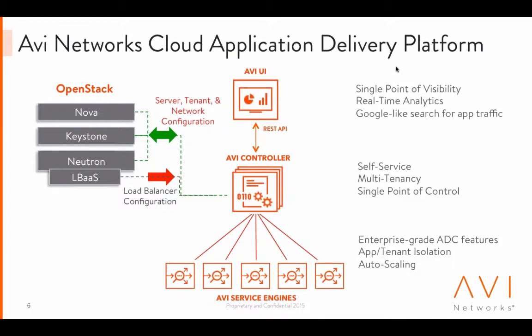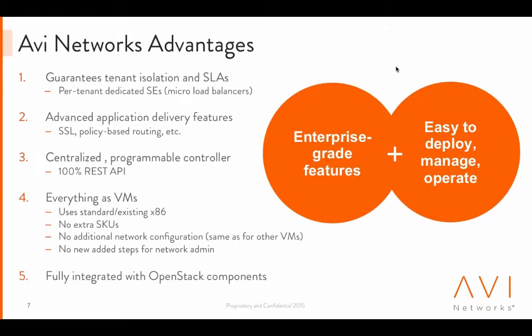So let me briefly summarize the advantages before I jump into the demo and convince you how easy it is to deploy, manage, and operate our solution, and also give you a glimpse of the enterprise-grade ADC features that we have. So as I mentioned, the AVI Networks solution has all these advantages.